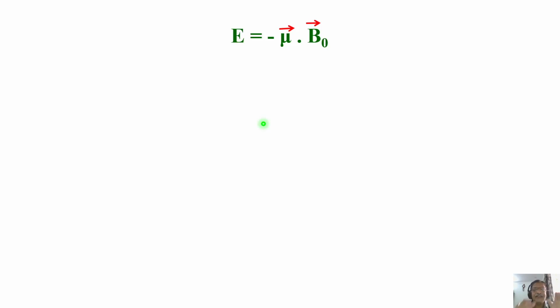Remember, I discussed in the last class, energy states are degenerate in the absence of the magnetic field. But in the presence of the magnetic field, the energy states corresponding to these two orientations, in the direction of the field and in the direction opposite to the field, get separated out. And also, I said these two have different energies. Interaction energy with the magnetic field for the magnetic moment in this direction and in the opposite direction are different.